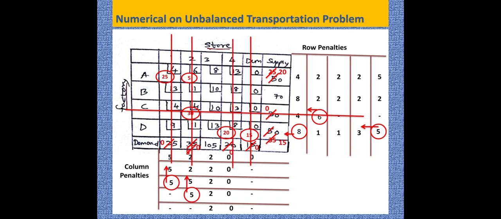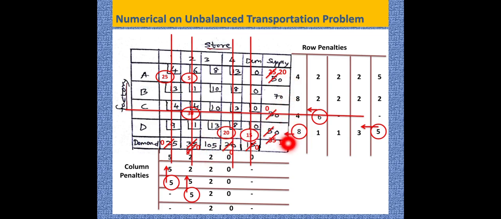So now if you see, only these 3 blocks are empty now. So what are remaining here? Here I need to allocate 20. Here I need to allocate 70. So 20 plus 70 will be 90, and plus 15 will be 105. So here the demand is also 105.